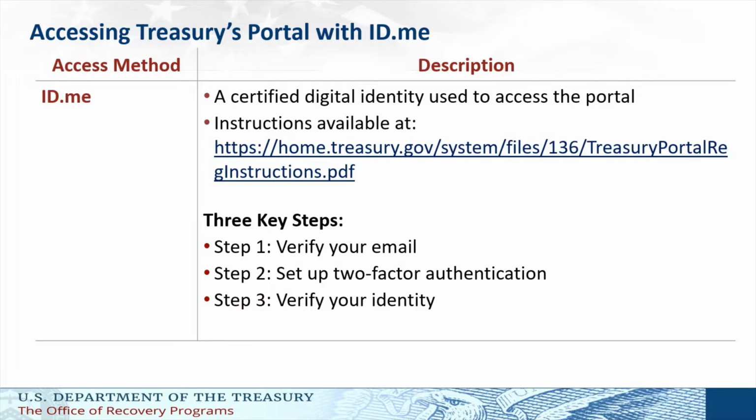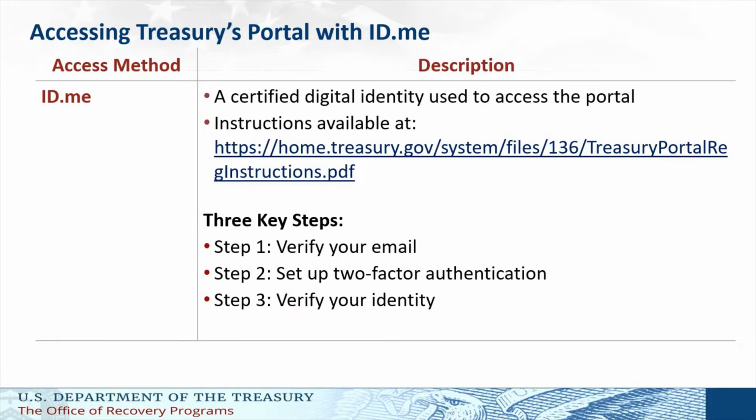There's a three-step process to receive verified credentials from ID.me, and the process should take generally about 10 minutes for most people. The three key steps here are verifying your email, setting up a two-factor authentication process, and then verifying your identity.